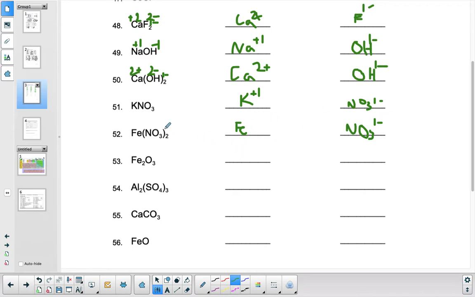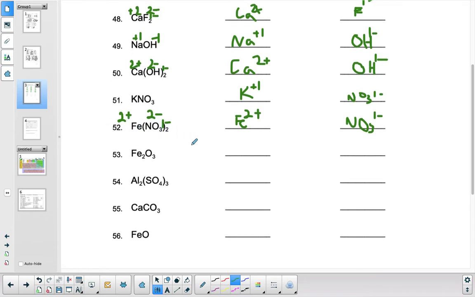So if NO3 has a -1 charge, 2 times -1 means overall we have a -2 charge. And so we only have one iron, so that would make iron positively charged by 2 to match up with this equation.